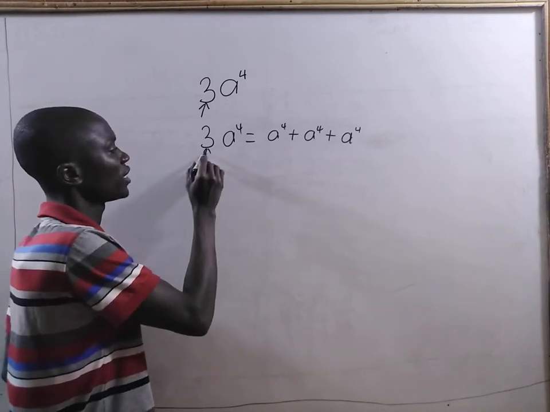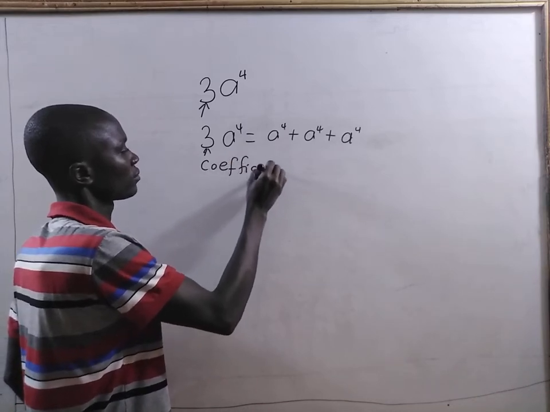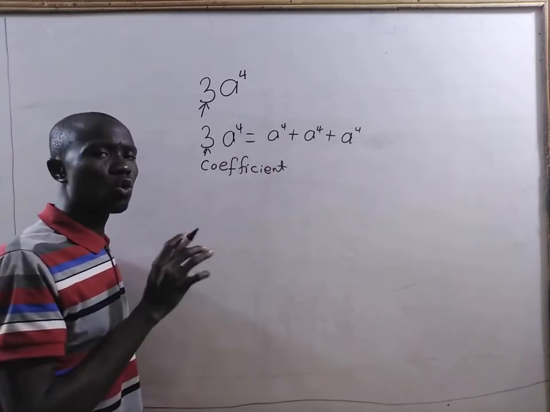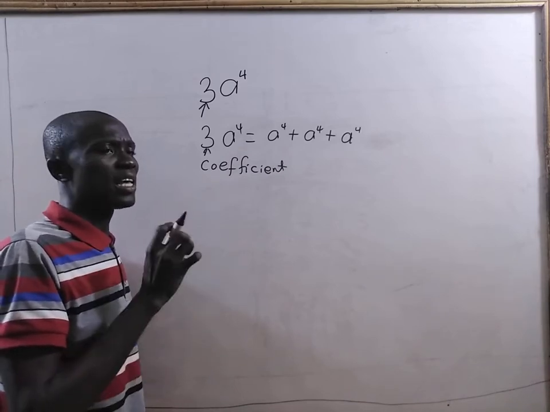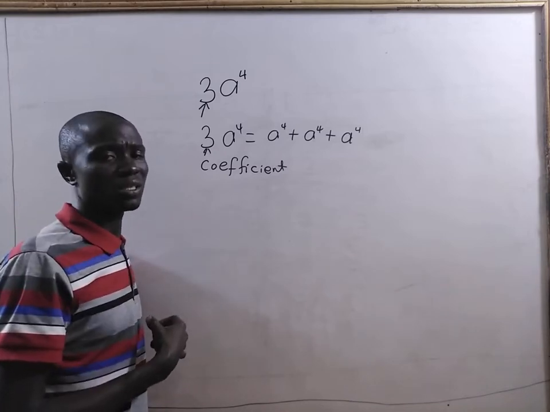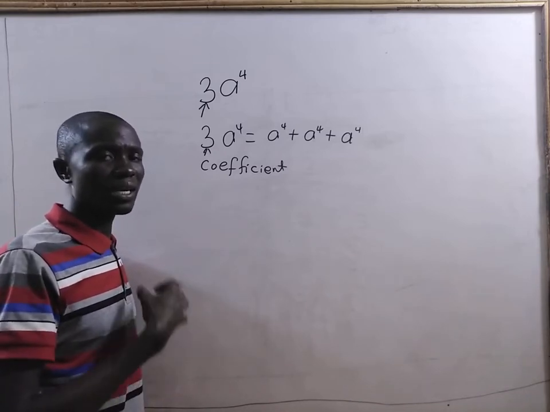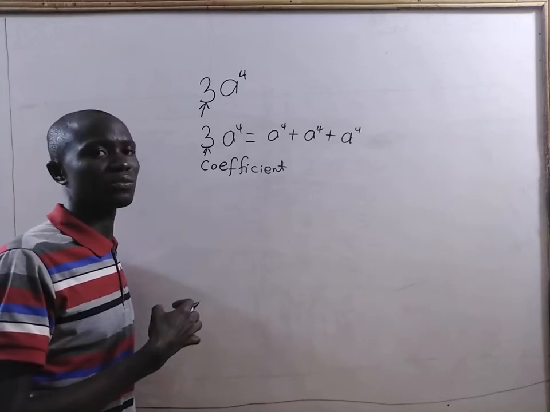So we call this 3 the coefficient. The coefficient tells us the number of times a variable has been added to itself.